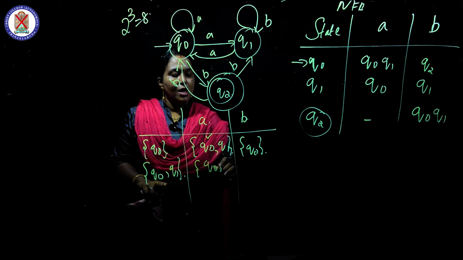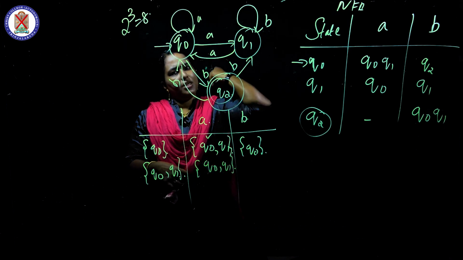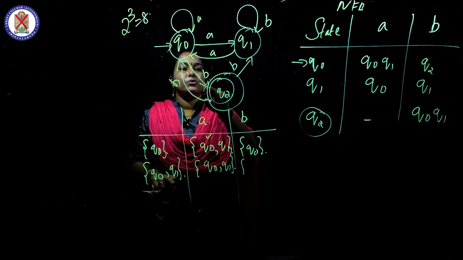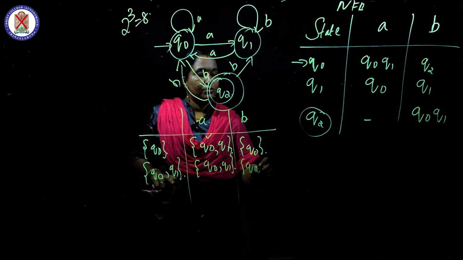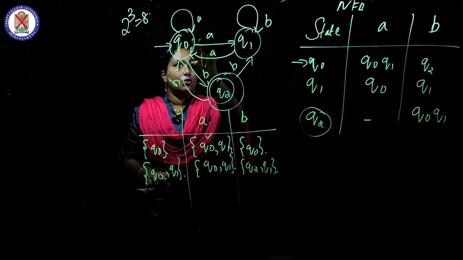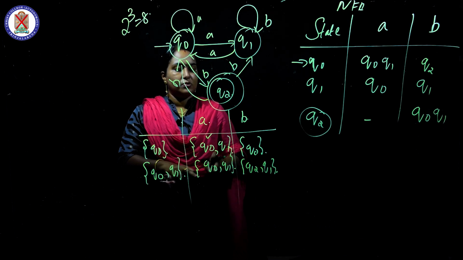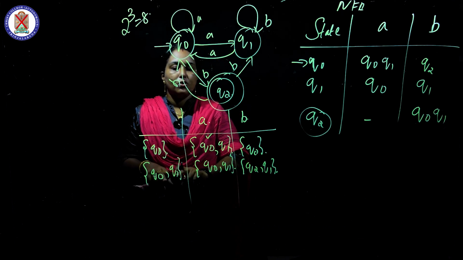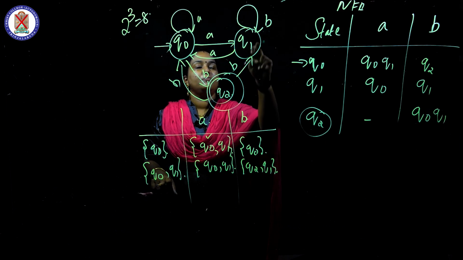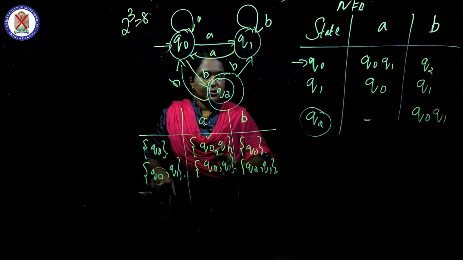So the set is Q0, Q1. On B, Q0 on B goes to Q2 and Q1 on B goes to Q1, so the state is Q2, Q1. Once again: Q0, Q1 on A goes to Q0, Q1, and on B goes to Q2, Q1. Okay, so check from here.